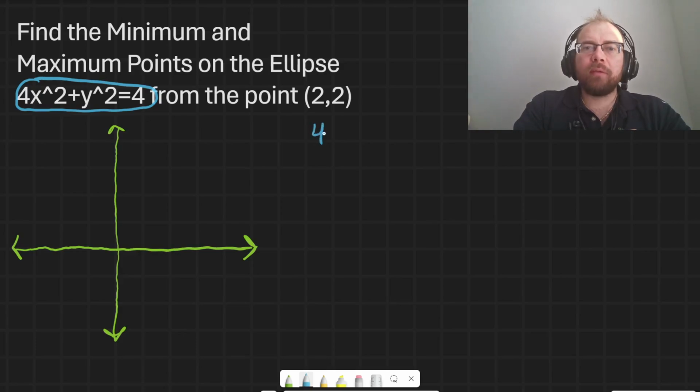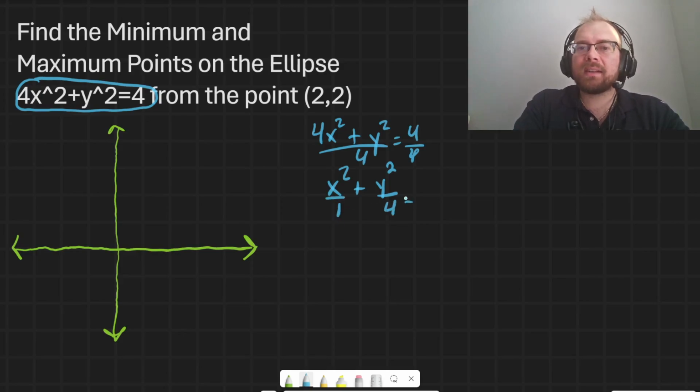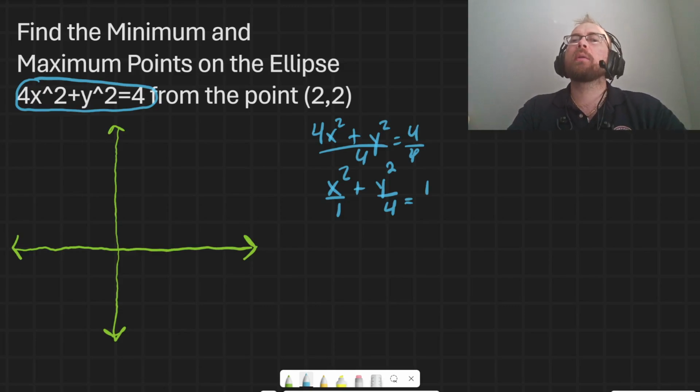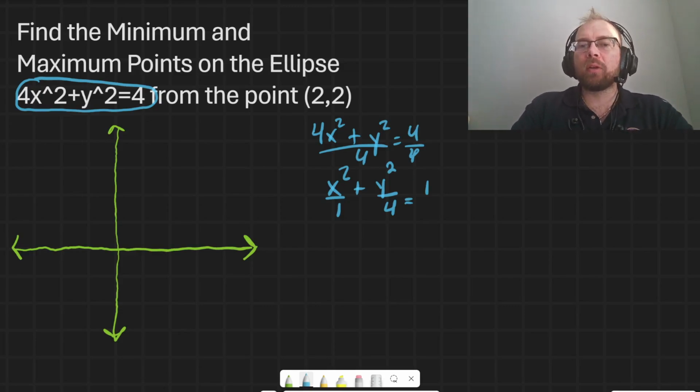So that would be x squared plus y squared over 4 equals 1. I do that because an ellipse equation has to be equal to 1, and that would be over 1 if I wanted to put it as a denominator, which you'll see why in a second. But this is proper form for an ellipse.